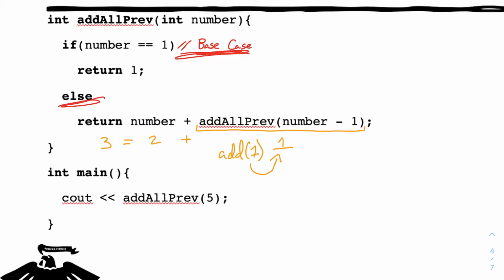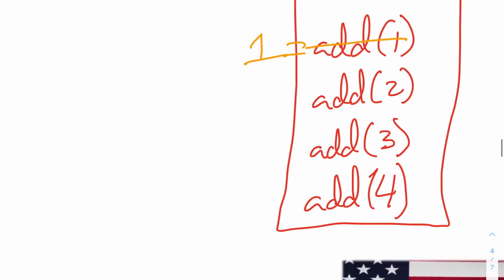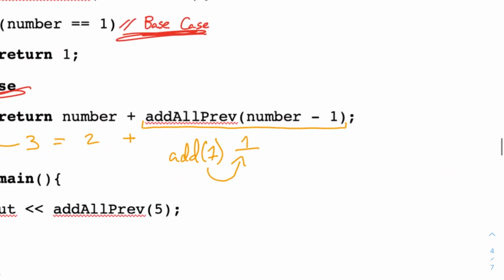3 is going to be returned back to the return type of int, which happens to be here. So now we are popping this off the stack because we just completed it, and this returns the value of 3. Now we're over here, and now we are on the instance of 3.